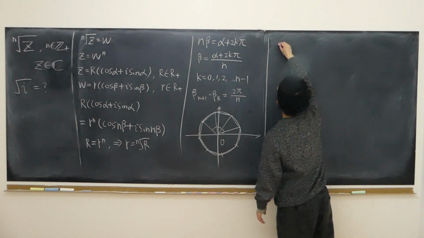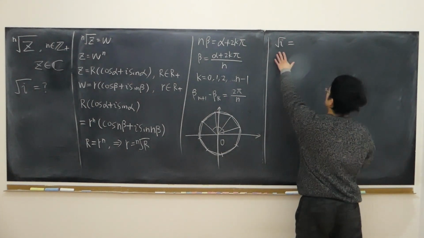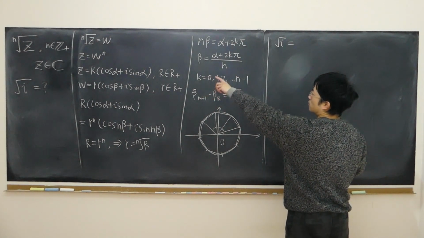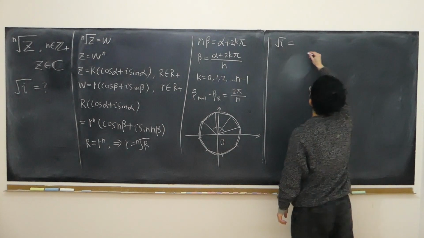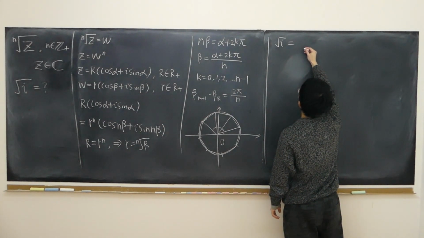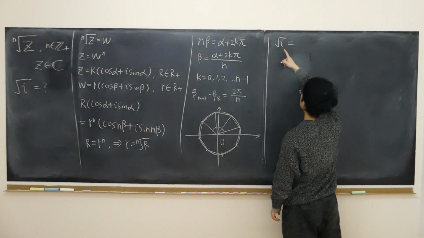So, square root of i. This time, what's n? Nth root, n is 2. So what's the length of the original i? Length is 1.